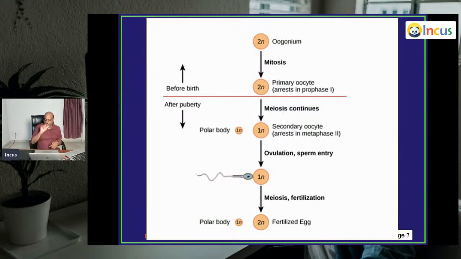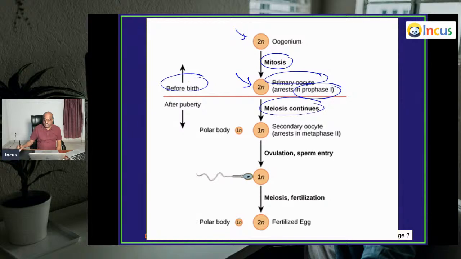So if you look at the oogonium, it typically has 2N. It undergoes mitosis, producing the primary oocyte, which arrests at prophase 1 before birth. It is also diploid.